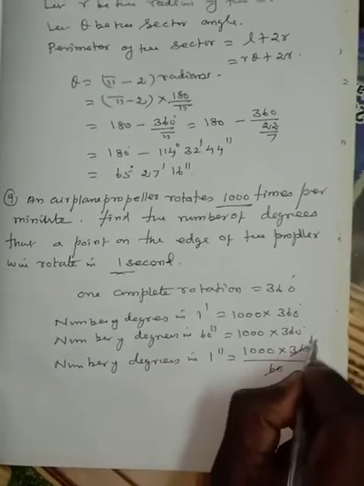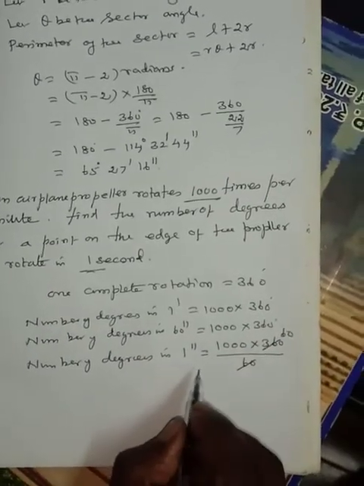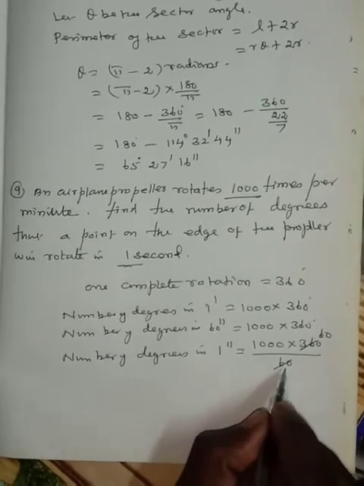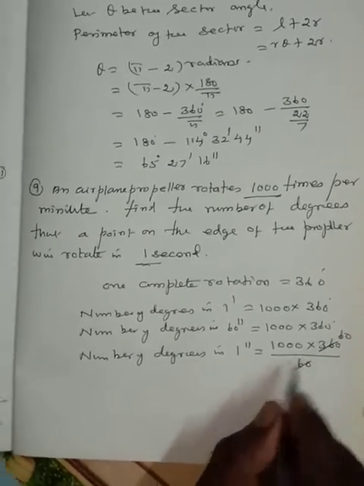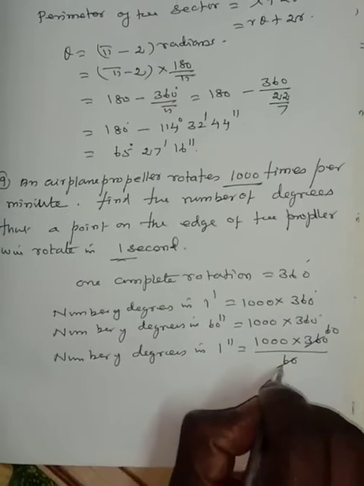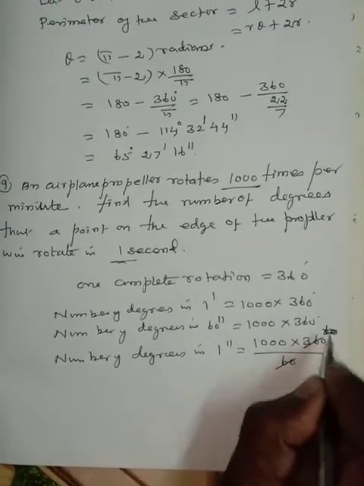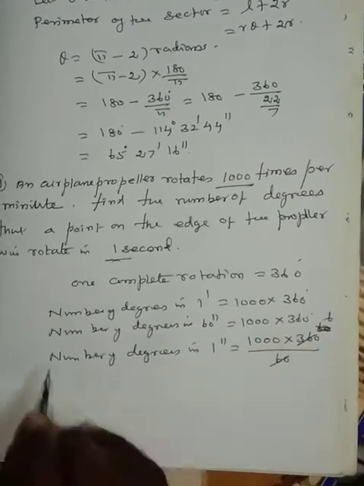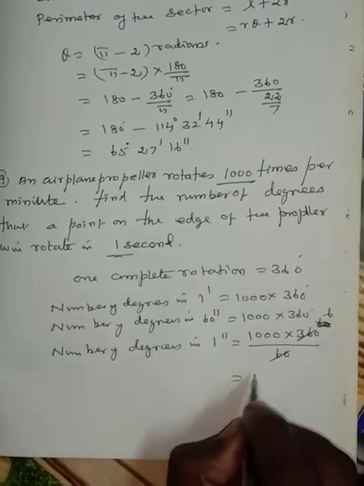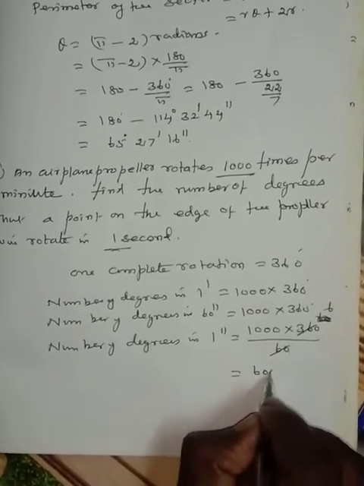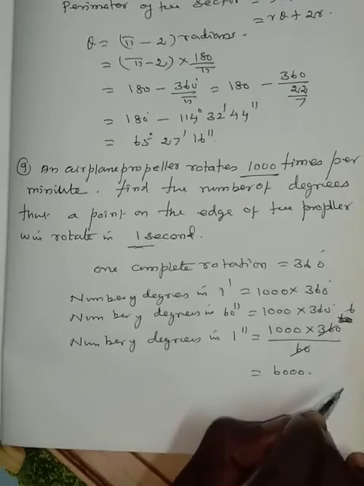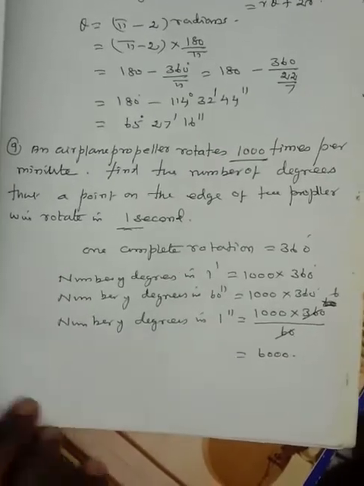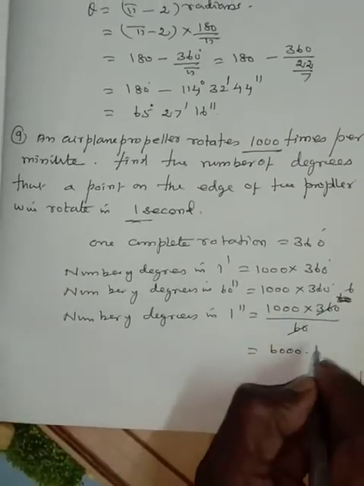Cancelling these two. 6 into 1000, multiplying these two, 6000. Rotation is 6000 degree.